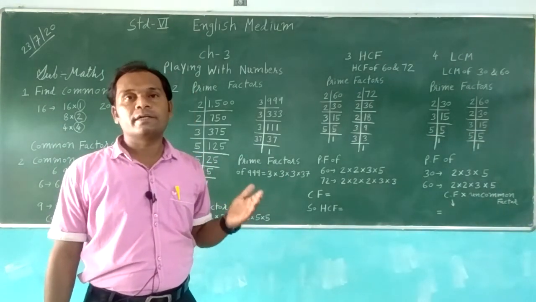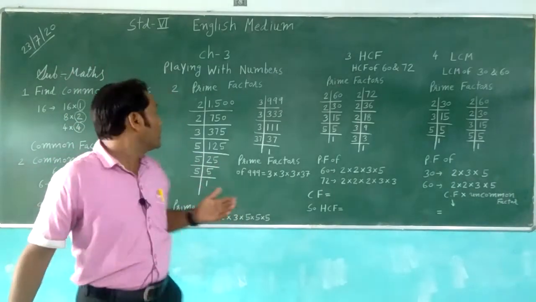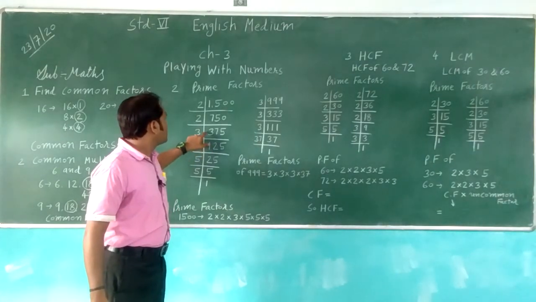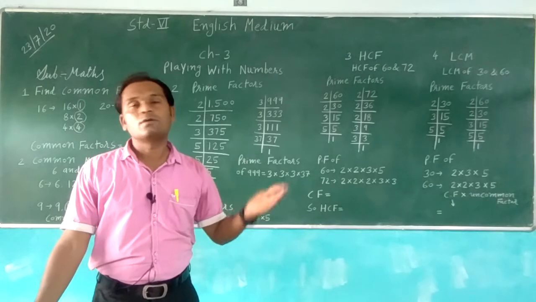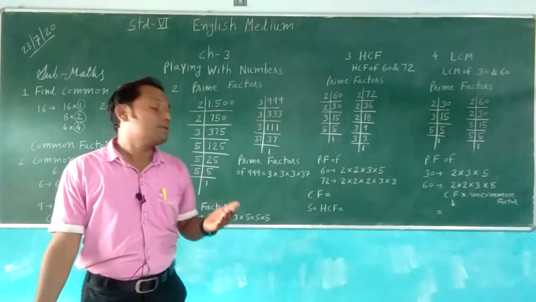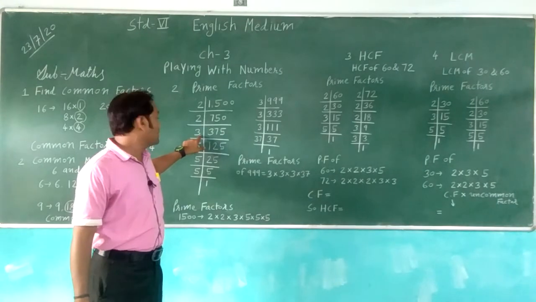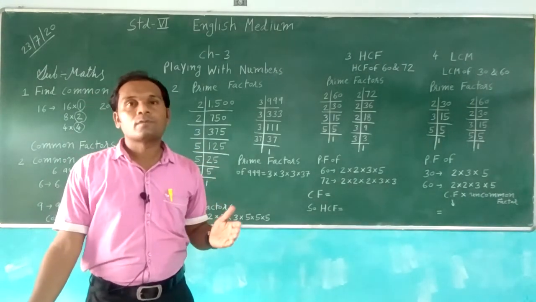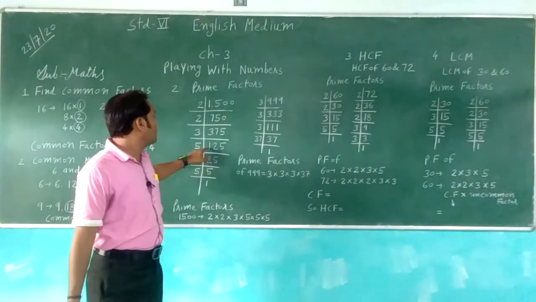That 750 divided by 2 gives 375. 375 we can't divide by 2, so we'll go forward with 3. 375 divided by 3 gives 125.